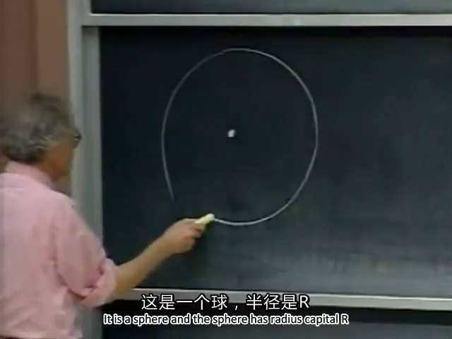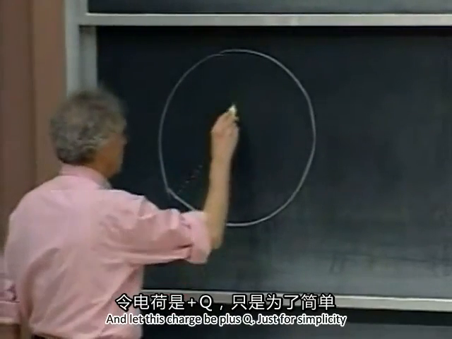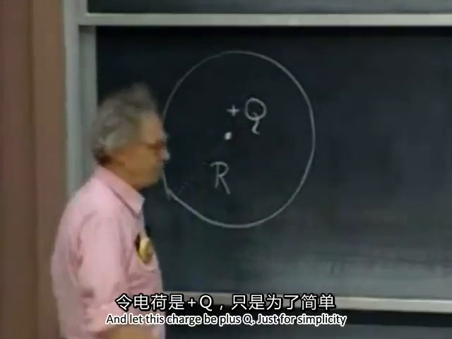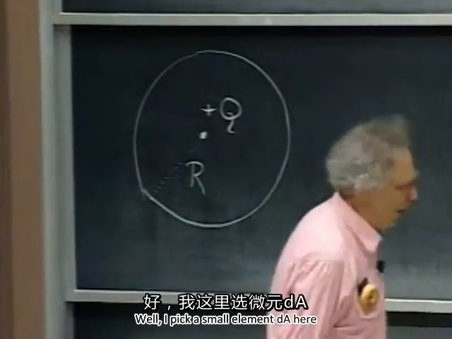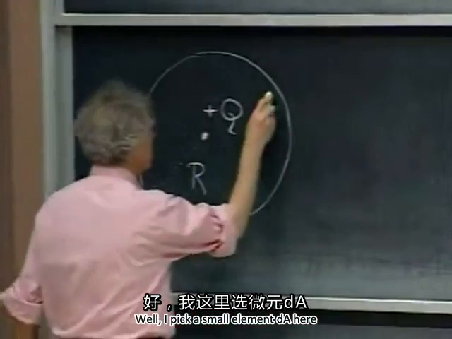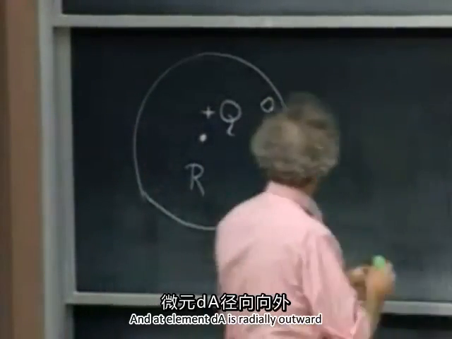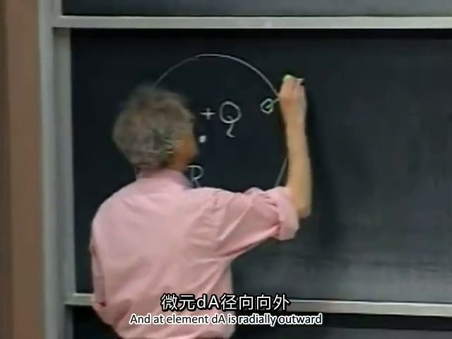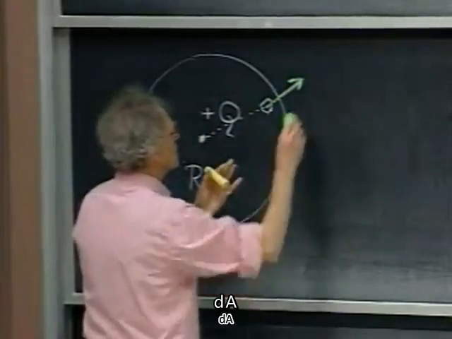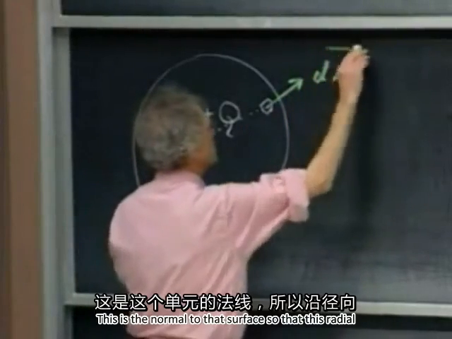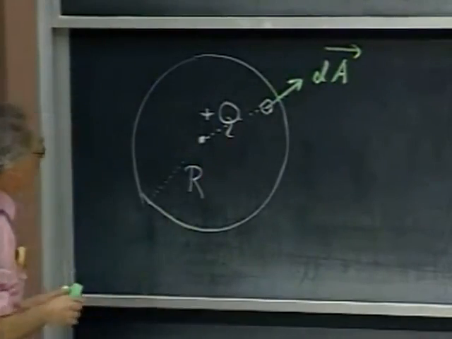It is a sphere, and the sphere has radius capital R. And let this charge be plus Q, just for simplicity. Well, I pick a small element dA here, and that element dA is radially outward. dA. This is the normal to that surface, so that is radial.